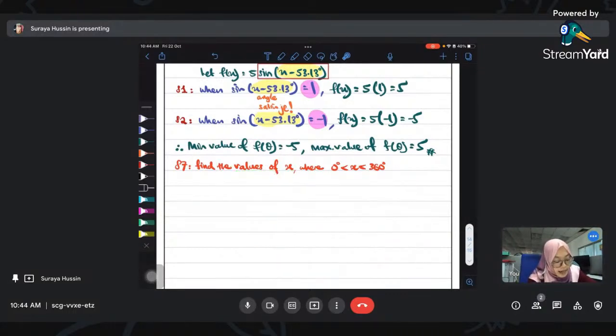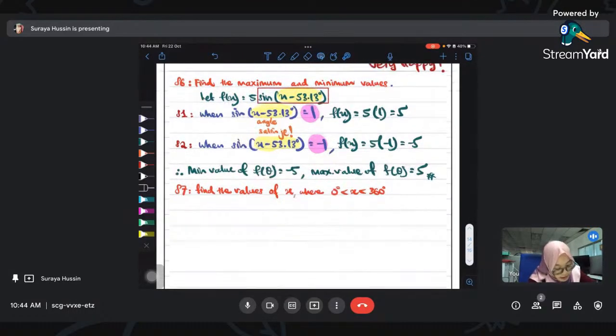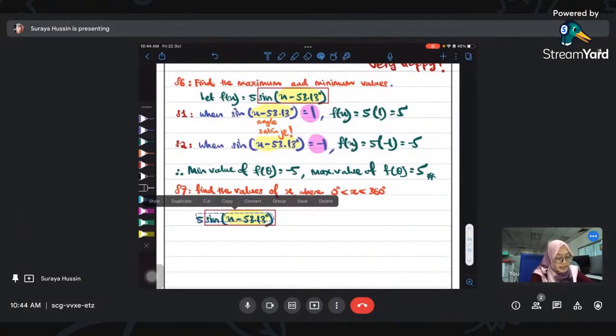Kalau soalan ni ada R form, so now we are going to duplicate this, sebab saya malas nak tulis. Okay, and then I know that this is equals to what?